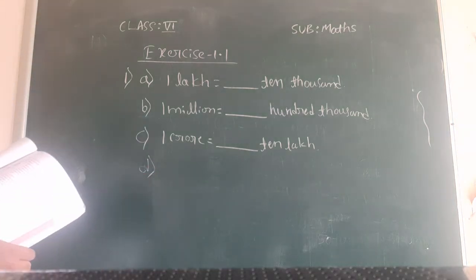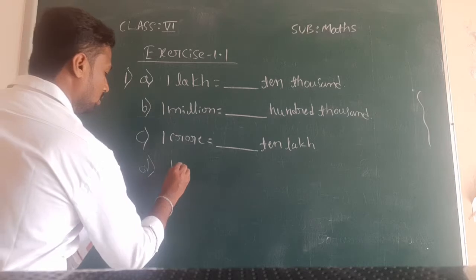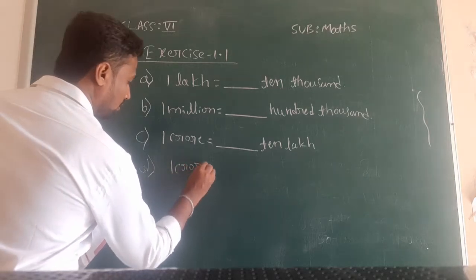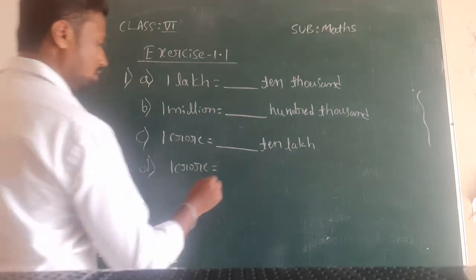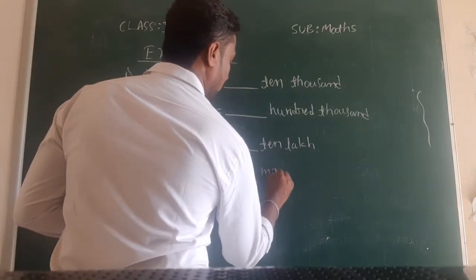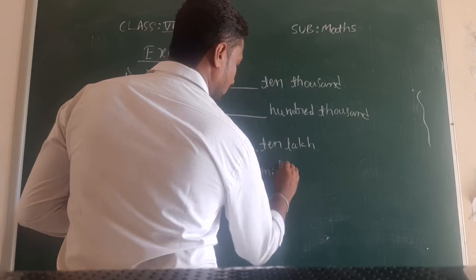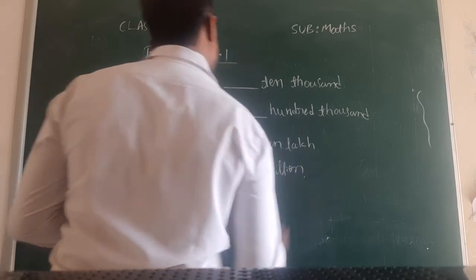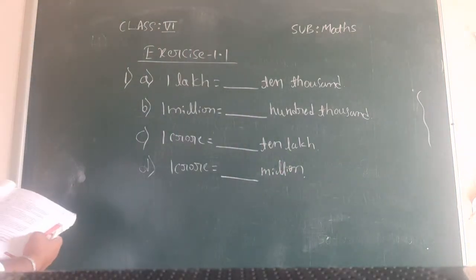Next question, again 1 crore only. 1 crore equals to dash millions. How many millions for 1 crore? We have to write that.